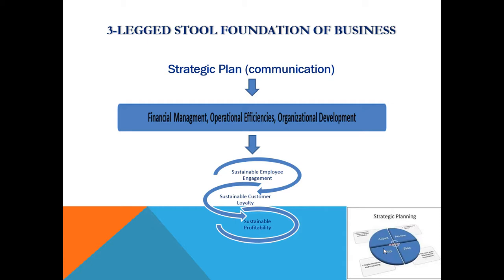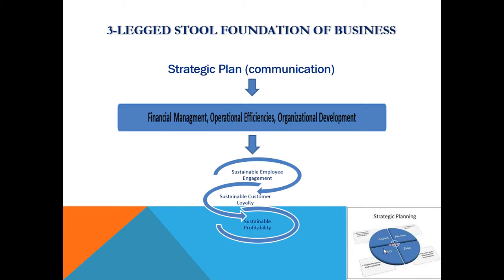That said, let's go back and review. We talked about this being a business course. You are business majors. And the first thing we needed to discuss, going back to the intro lecture, is, well, what is business? Business consists of a foundation, and within that foundation we have three parts, hence the three-legged stool foundation of business.